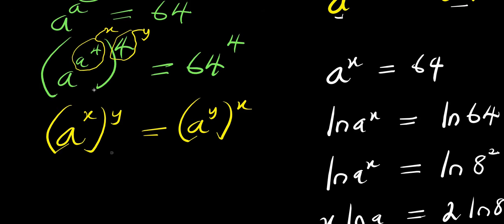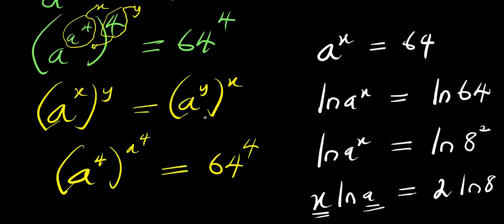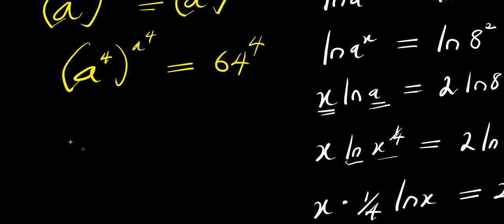So right now, this 4 comes inside this bracket and this a power 4 goes outside the bracket because our y is 4, x is a power 4. So what we're going to have is a power 4 to the power of a power 4 equals 64 power 4. So from here, I have a power 4 raised to the power of a power 4 equals, 64 is simply 8 power 2.